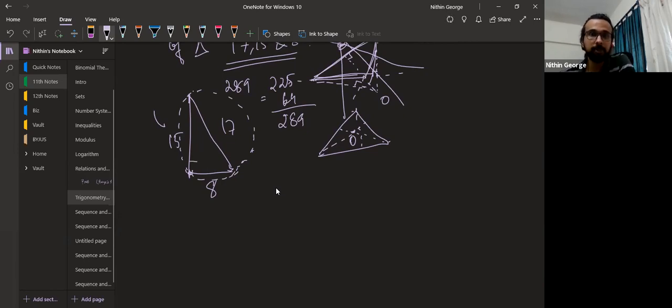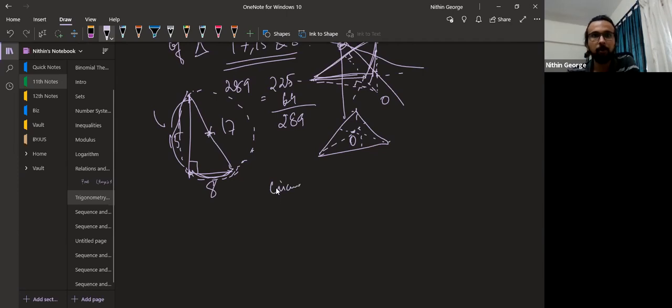Now you should notice that this is 90 degrees. So the midpoint of the hypotenuse will be the center of the circle. This is 90 degrees, which means this right triangle makes a semicircle here. So the center of this hypotenuse will be the circumcenter.